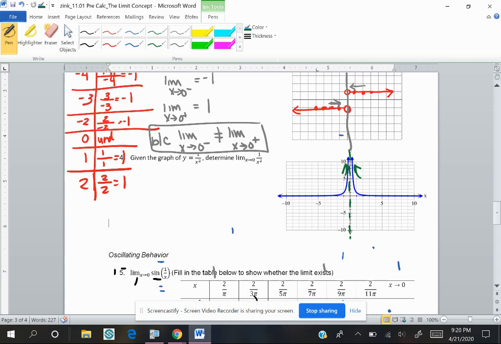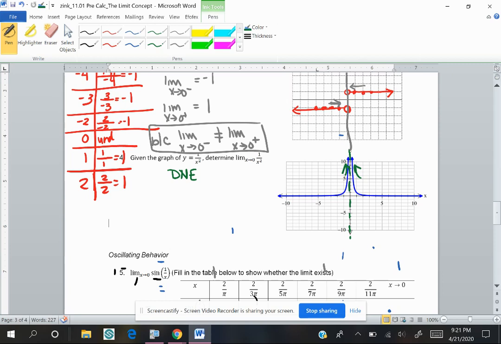So they are approaching the same thing. They're both approaching infinity, but anytime it approaches infinity, we're going to say it does not exist because it's not a specific number. So yes, they are going in the same direction.